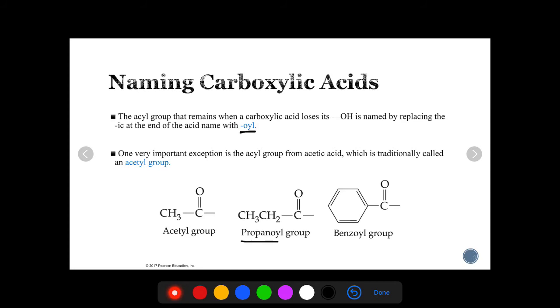So it becomes a group instead of the acid. Same thing over here, so instead of benzoic acid, it's benzoyl group. The only exception to that is acetyl or acetic acid. When the OH comes off, it's acetyl group. So there is one exception to that.